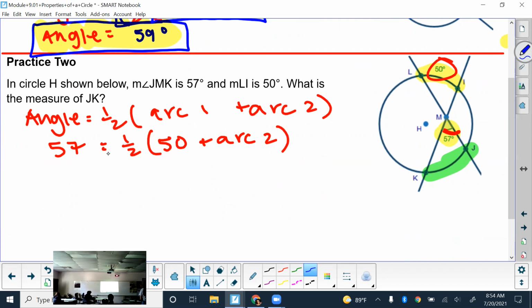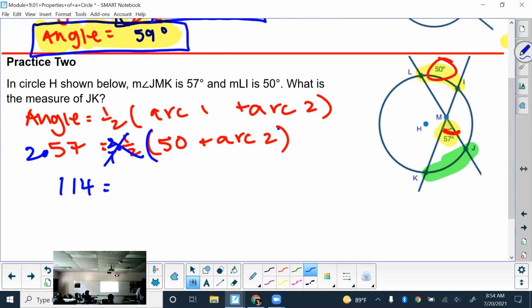No, not multiplying by 1/2. We're multiplying, but by 2. All right, multiply by the reciprocal to get fractions to cancel out. So multiplying by 2 on the left side, that's what we did on the right side, so now they cancel. And then on the left side, what's 2 times 57? 114. Good. And then on the right side, this went away.